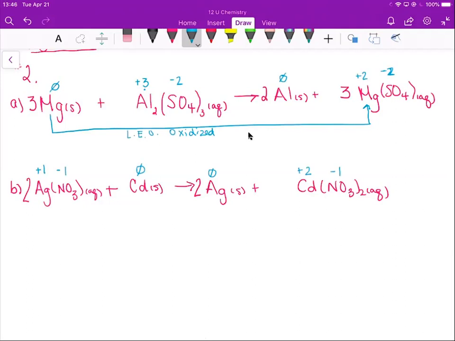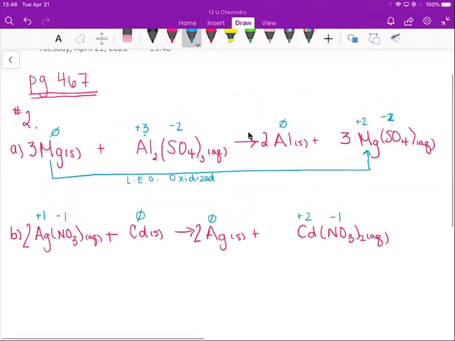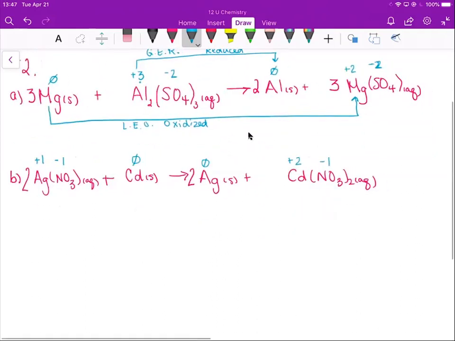And I always think of oxidized species as their numbers are going up, so from 0 to +2, whereas aluminum is going to be reduced because it was +3 and now it's been reduced to 0. And that one confuses students because your number is going down but you're gaining electrons. So LEO the lion says GER, so gain of electrons is reduced. That's what the GER stands for.